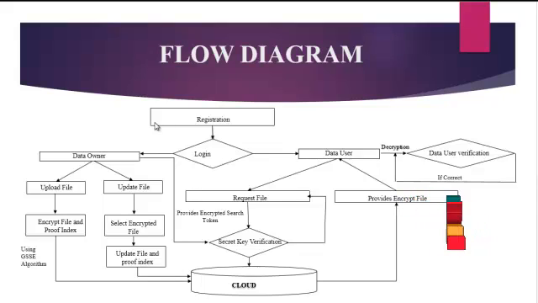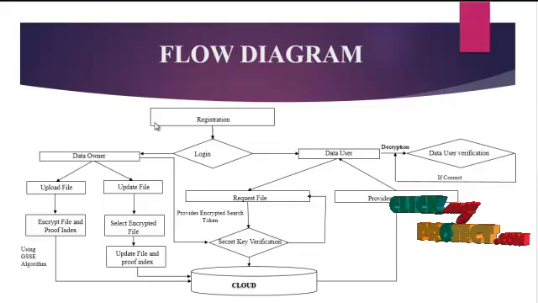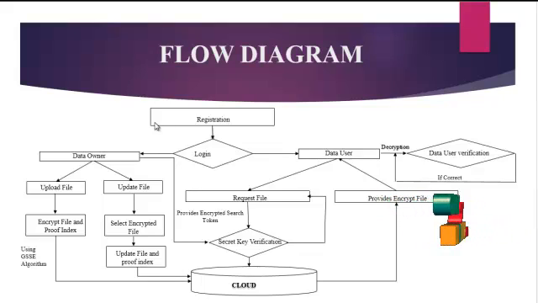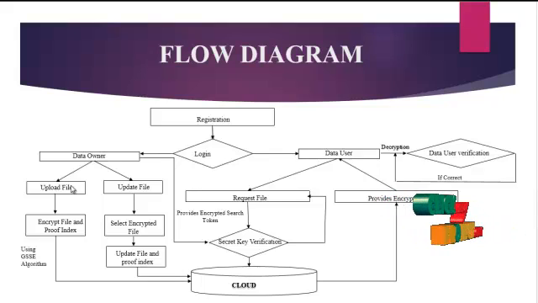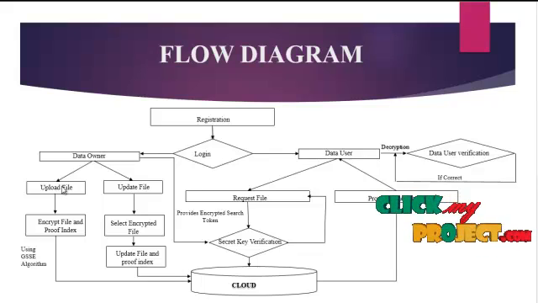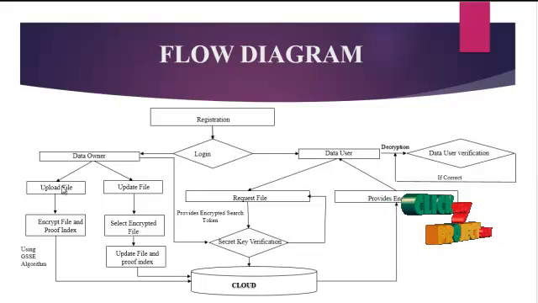After the successful registration, the data user and the owner use the username, password and cloud ID to log in to their account. The data owner can either upload a file into the cloud or update the data that is already present in the cloud. In the upload process, the data owner will encrypt and store the data into the cloud.